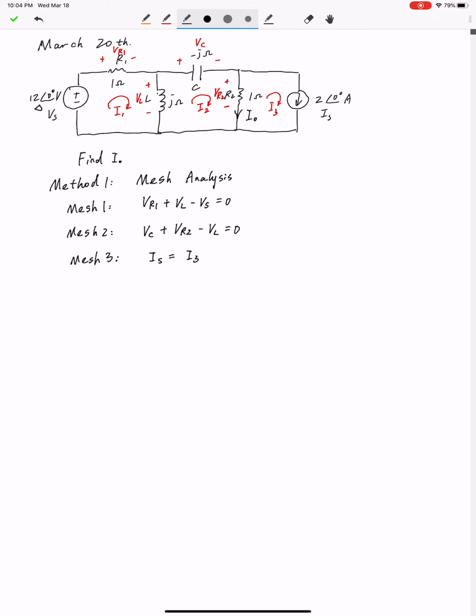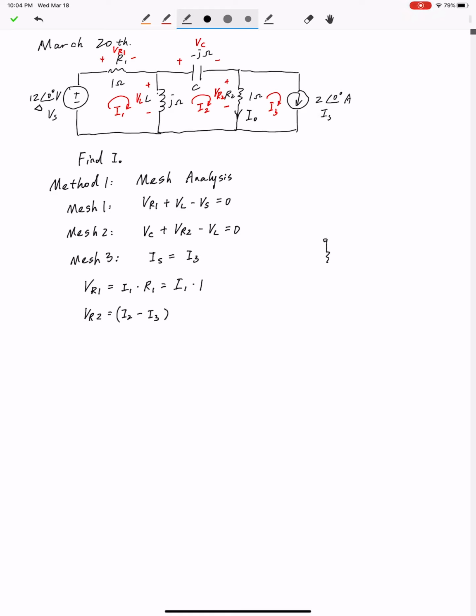But before we do that, we also need to represent VR1, VR2, VC, and VL in terms of mesh currents. For example, VR1 equals I1 times R1, which equals I1 times 1. And VR2 is based on I2 minus I3. Why I2 minus I3?